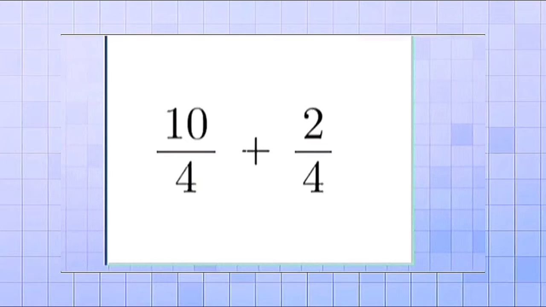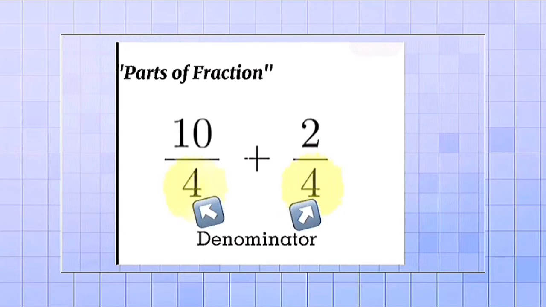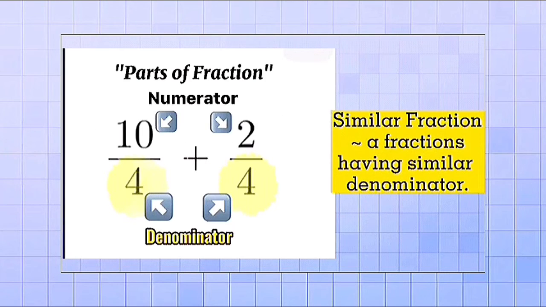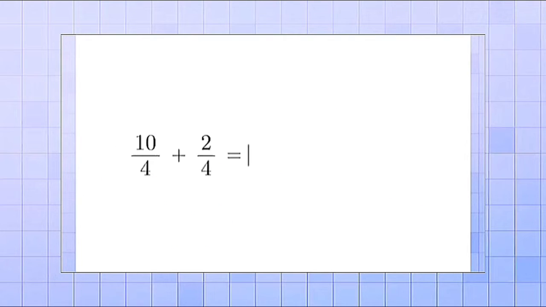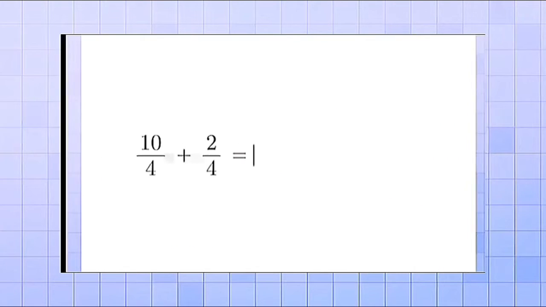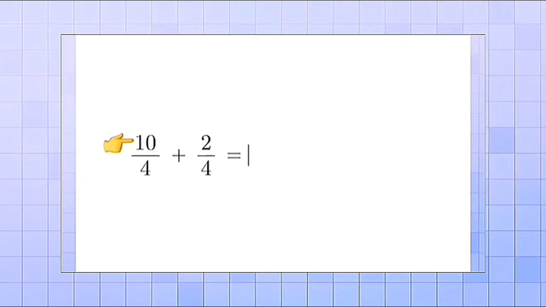In this example, we notice that 10/4 plus 2/4 has a common denominator 4. This is what we call similar fractions, fractions having a similar denominator. To solve this, we add the numerator of the first fraction, 10, to the numerator of the second fraction, 2. 10 plus 2 is 12, then copy the denominator 4.